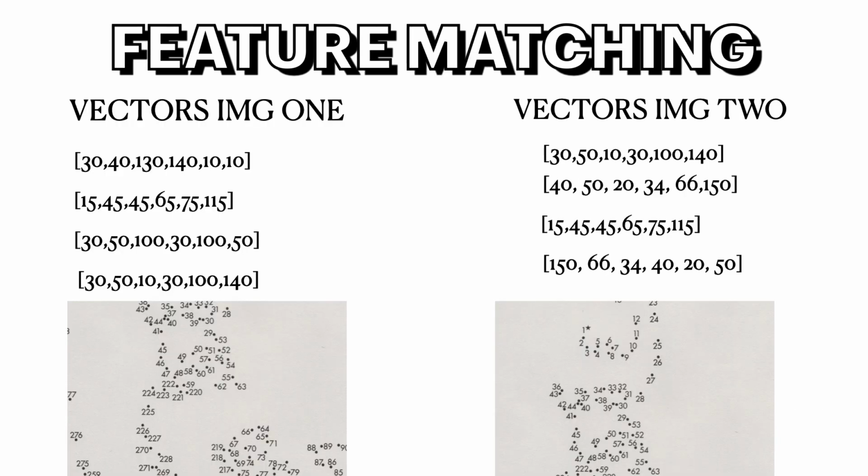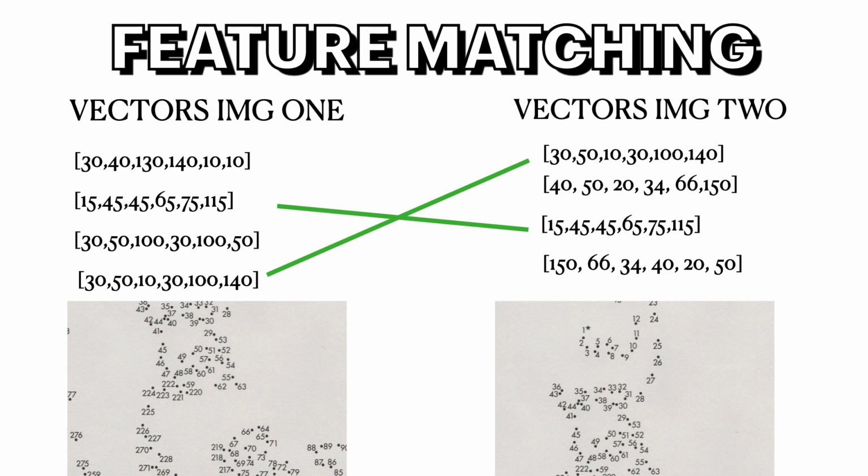So once we have our features, our points, identified in each image, and we have a vector describing each one, what we want to do is match these vectors between our two images. So we call this process feature matching, and basically it means just finding the same or similar list of values corresponding to a dot in each image, and hopefully the same dot in the context of the overall image.